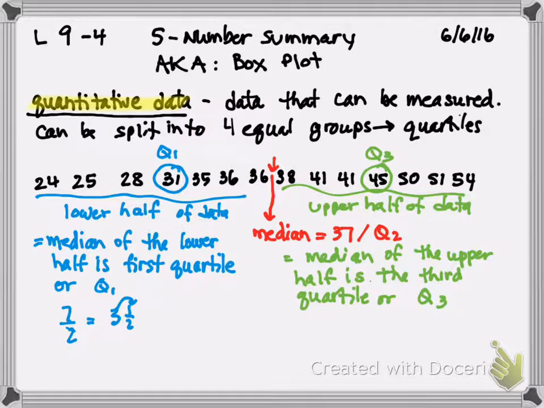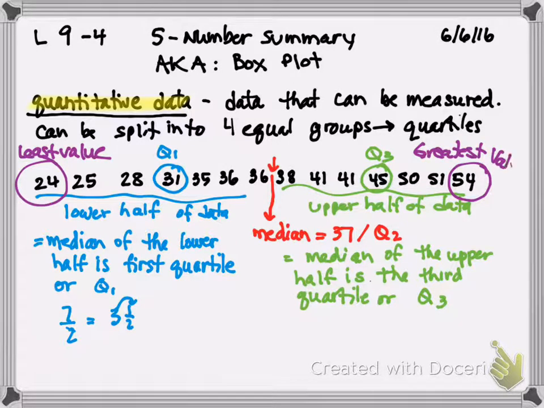What else do I need to complete what I'm going to draw? The first one and the last one? Exactly. So what I need is also the least value and the greatest value. So now I have 5 points.